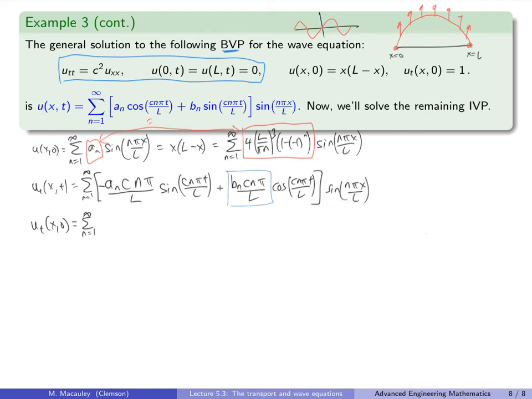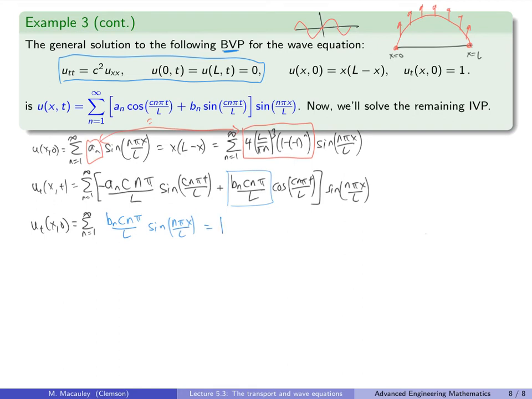So this is b_n cn pi over L, and then what else do we have? We have a sine of n pi x over L. And we have to set this equal to what? To 1.